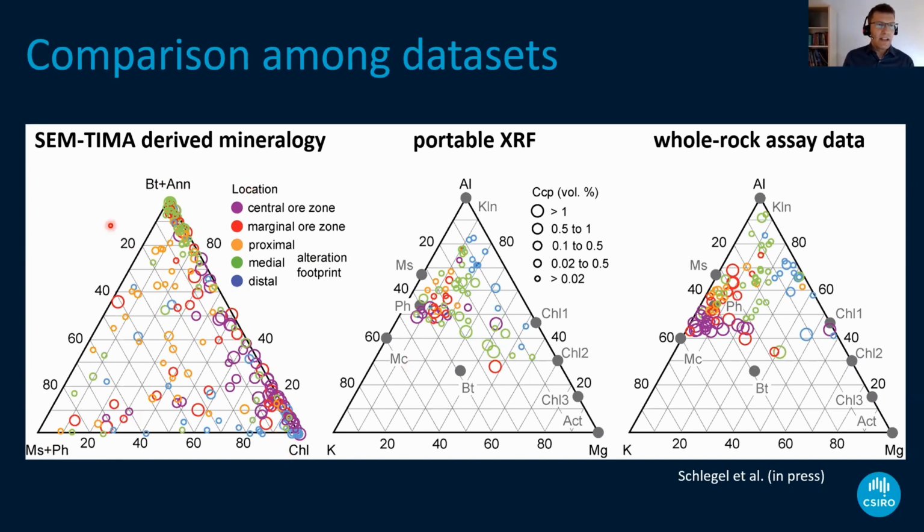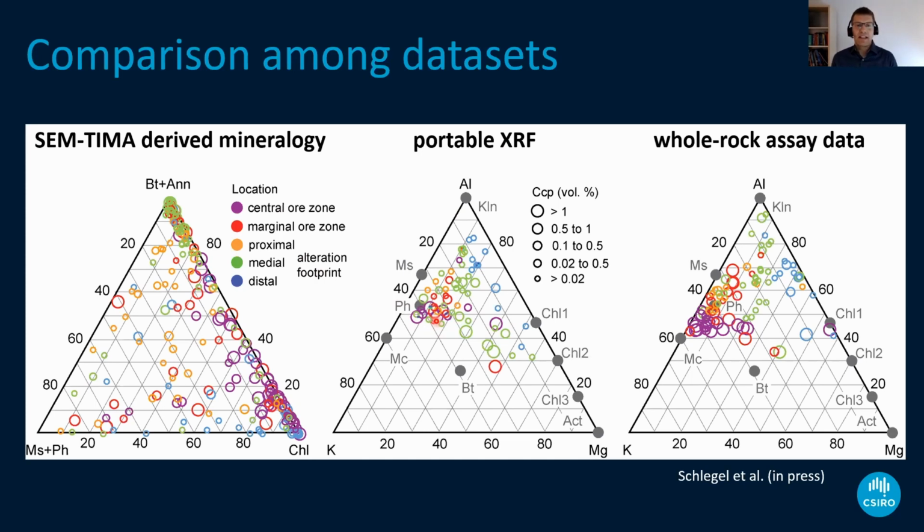And now let's compare this with the results from the portable XRF measurements and the whole rock assay data. And here, it sounds trivial, but it's actually quite an important conclusion I'm going to make. So when we look at the portable XRF data that has been collected on the same sample surface as the SEM-TIMA-derived mineralogy, we see the same shift towards white mica and chlorite dominated assemblages within the ore zone.